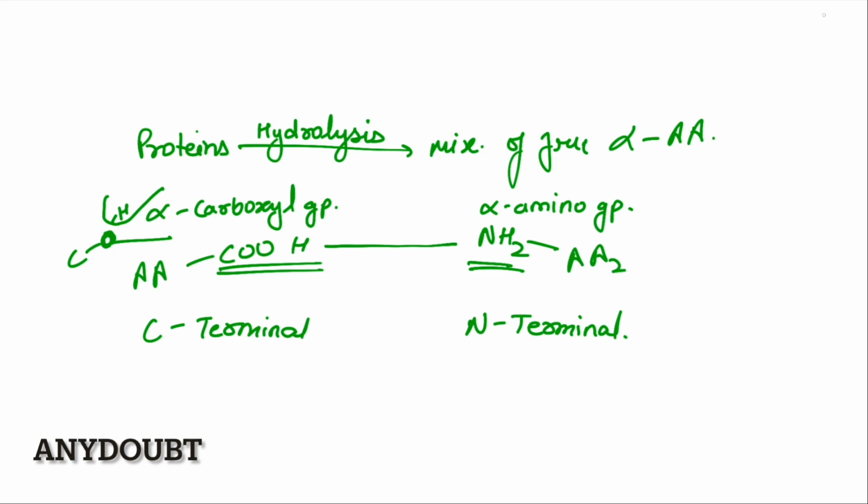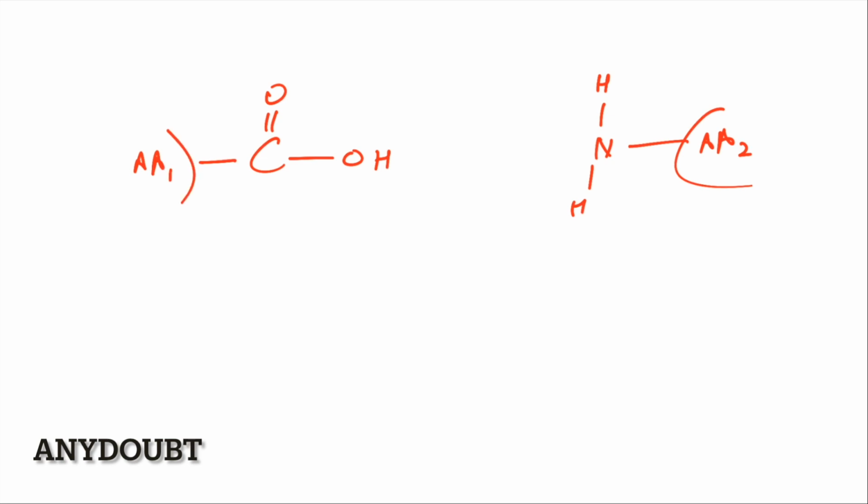So if we see the reaction, this is the carboxyl group of the C terminal, OH, and here one amino acid is present, and similarly here one NH2 is present, and another amino acid, say amino acid 2, and this one is amino acid 1.